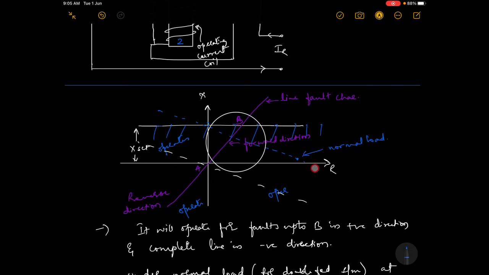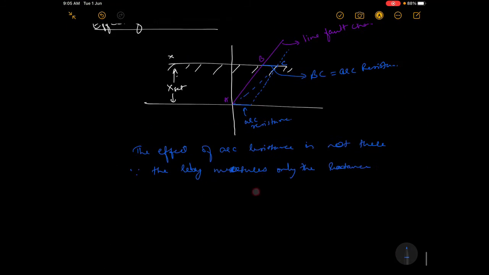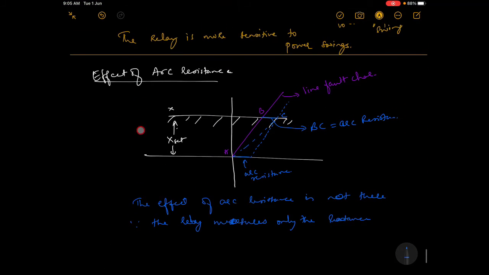But the problem of arc resistance is overcome in this. So if you want to avoid measurement of arc resistance, we go for this relay, that is the reactance relay.